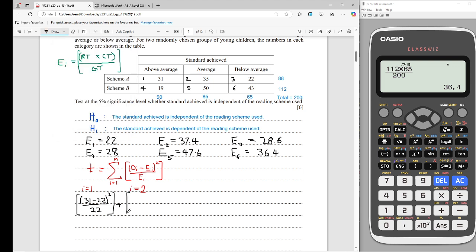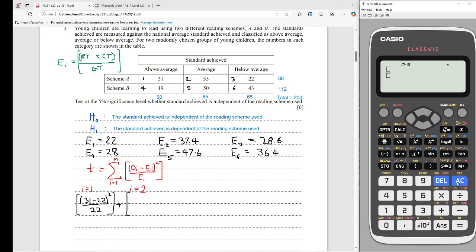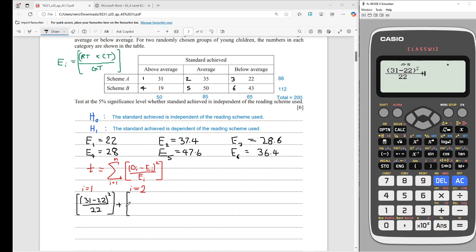Before I put values in here, let me just put this in the calculator. 31 minus 22, the whole squared, whole divided by 22, and I don't press equals just yet because I want to add up all of them. Next up, when I equals 2, it will be O2 minus E2, whole squared, divided by E2.